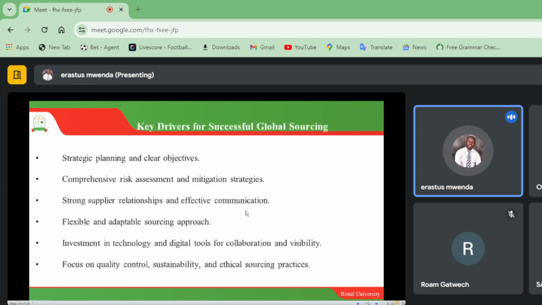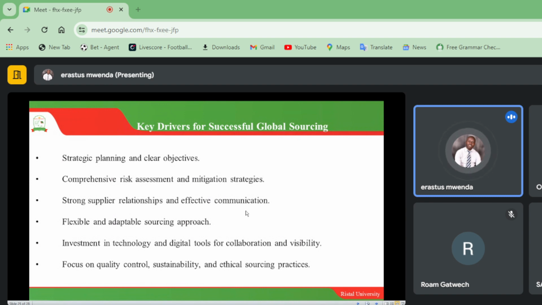Now, key drivers for successful global sourcing. What are some of the things that are going to propel us to succeed when we are doing global sourcing? Number one, we need to make sure that we are doing strategic planning and have very clear objectives. We really emphasized that in our previous lecture. So if you want to succeed in global sourcing, number one, sit down and plan on how to go about it and have objectives of what you intend to achieve.